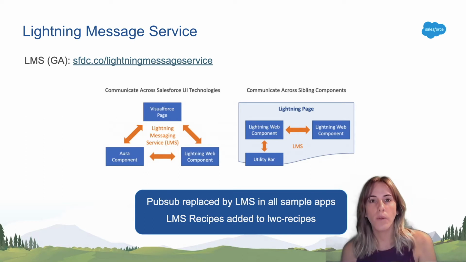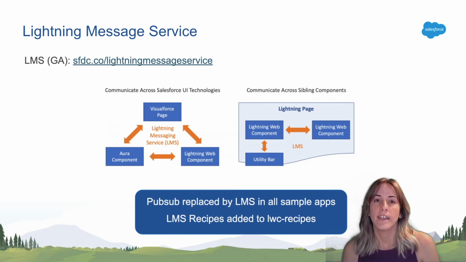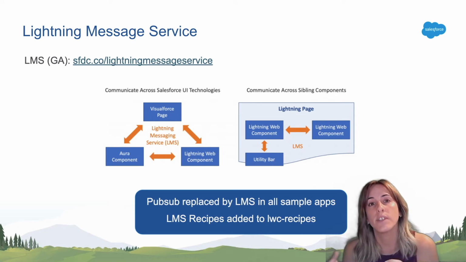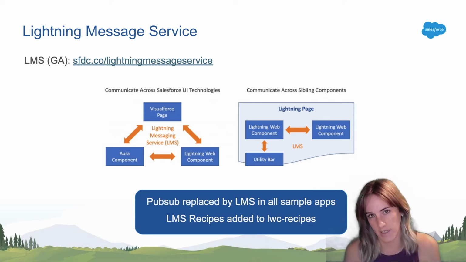The scope variable by default has a value which is active, and it means that the listeners for the message are going to be those in active sections of the page. So for example, if you have a Lightning Console app, only the tab that is active is going to be listening for that message.